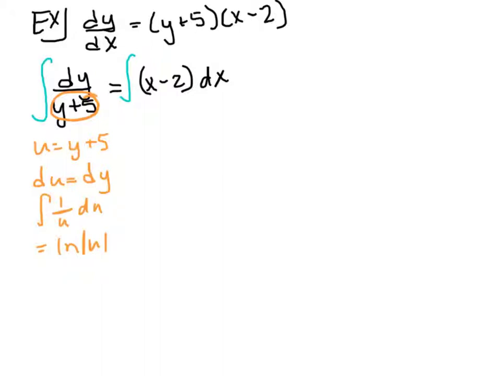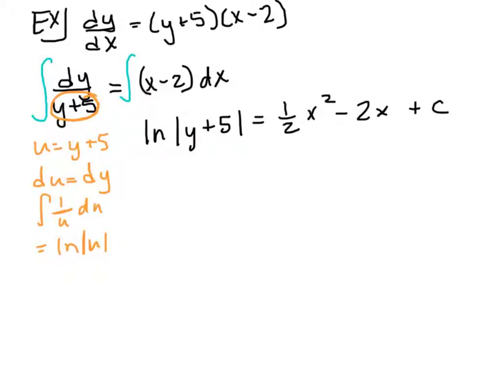So then what our problem has become is we have the natural log of y plus 5 is equal to the integral of x, which is 1/2 x squared, minus the integral of 2, which is 2x, plus some constant c. Now, of course, we need to solve this thing for y.